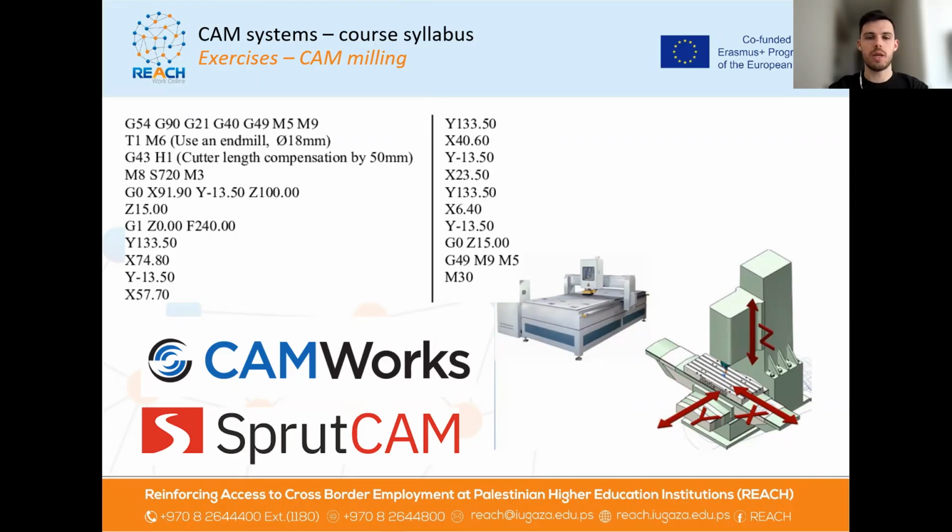They will use CamWorks or one of these CAM programs to create an ANSI code in order to go on the machine. And the same here, all the work is by the students. We are only here to assist.